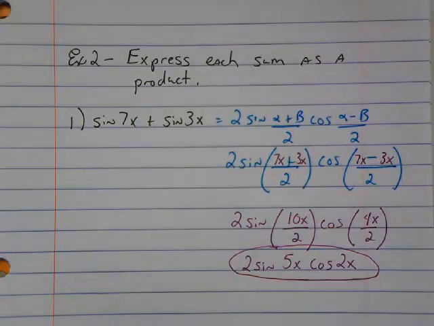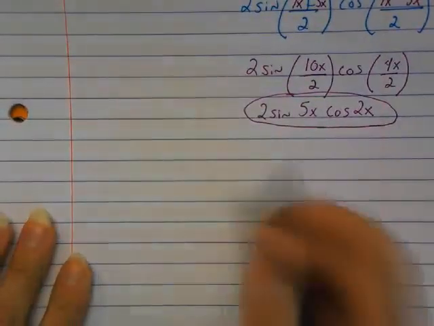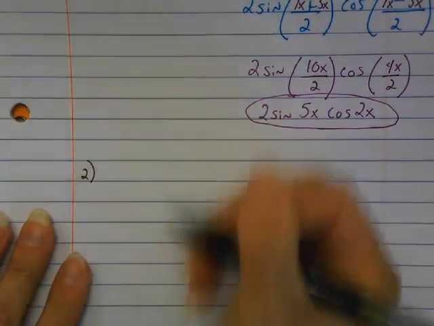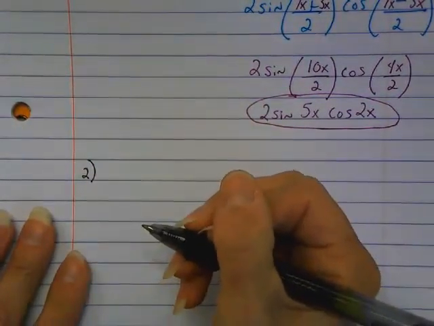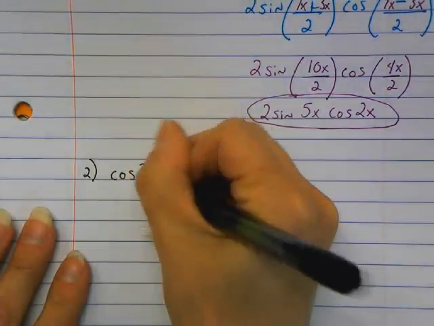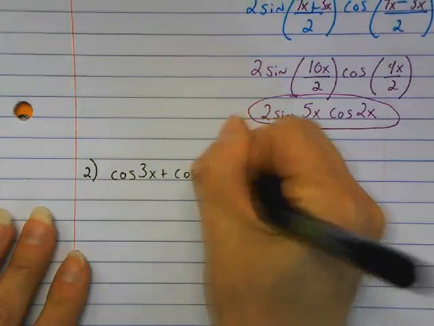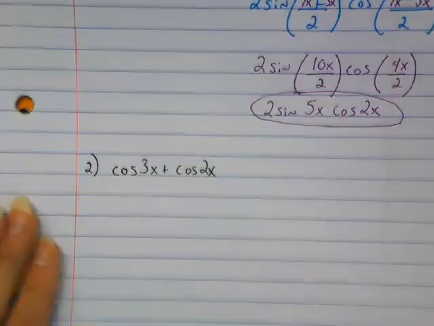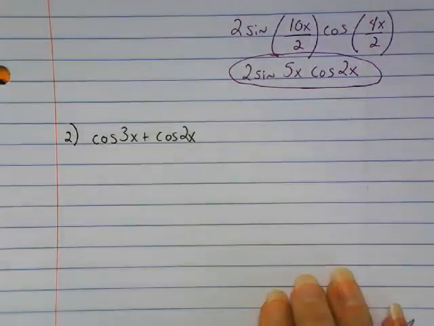Alright, we're going to do one more of those, and then we're going to do an identity, and then I'm going to let you again practice some of your verifying identities tonight, since this is a nice easy lesson. Alright, so I have the cosine of 3x plus the cosine of 2x. So step 1, go to your sheet and find me that formula.